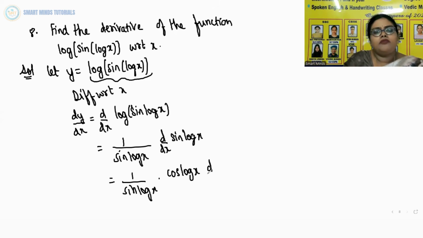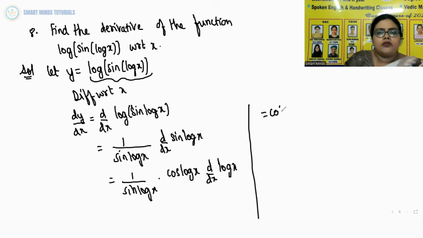Then again we have to differentiate log x. So three functions are there, and we have to differentiate three times. So now you can see cos log x by sine log x. Cos by sine is cot. So we can write cot log x, and then the derivative of log x is 1 by x. So this can be written as cot log x divided by x. This is the answer.